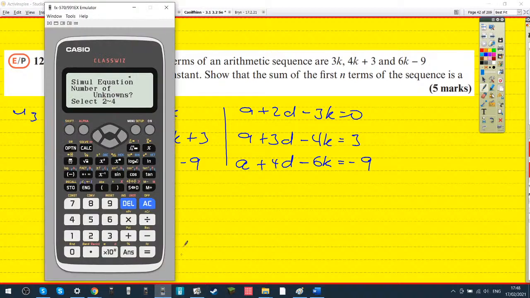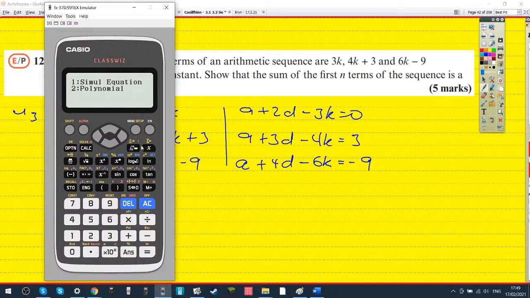Then we can just calculate those three. No, I have to make it equal to something, don't I? What did I do?